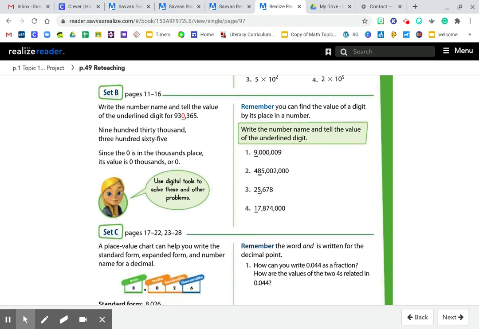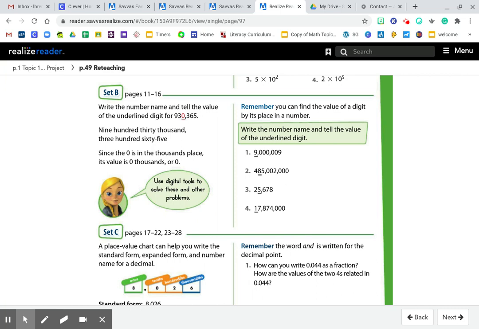Then 365. Don't put the word "and" there, because remember, "and" indicates a decimal. A lot of kids make that mistake. There's no "and" in whole numbers. Since the zero is in the thousands place, the value of zero in thousands is just zero.